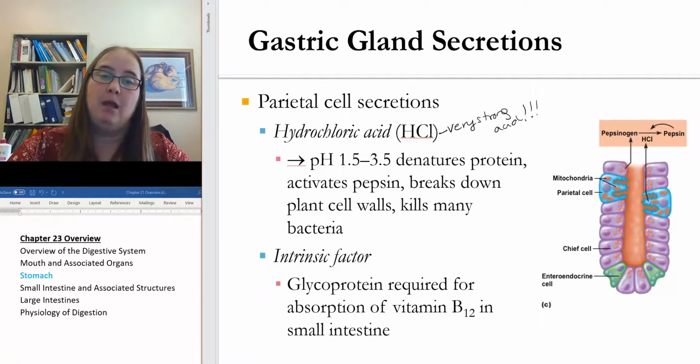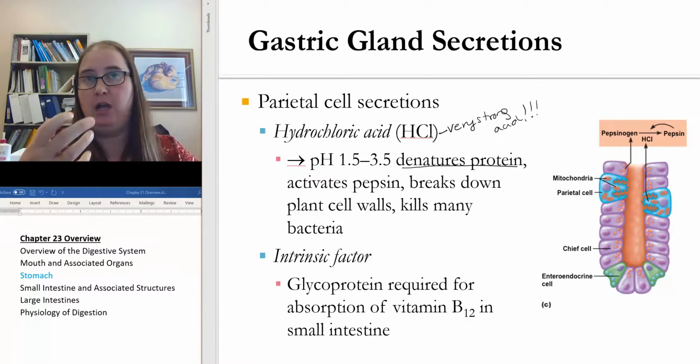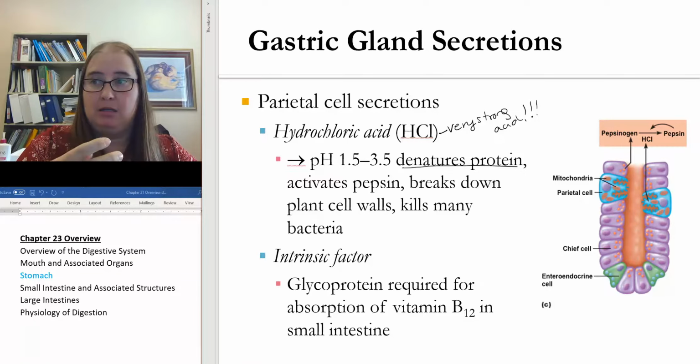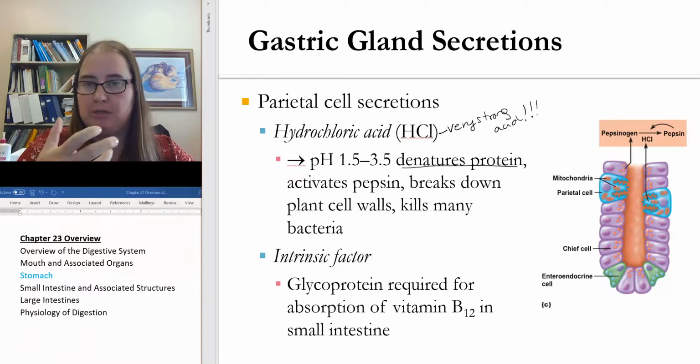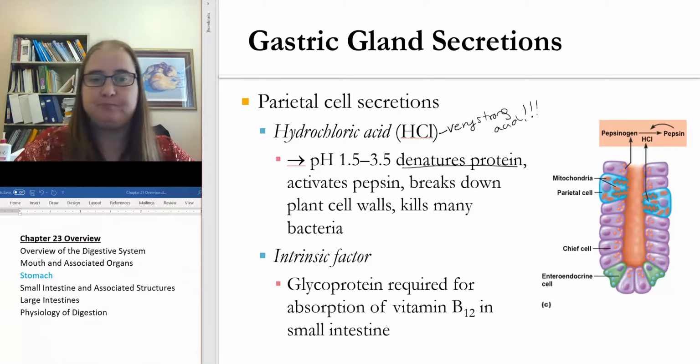And when we talk about denaturing proteins, remember, proteins take on a very complex shape. They have that primary, secondary, tertiary, and quaternary structure that we talked about in chapter 2 of AMP1.